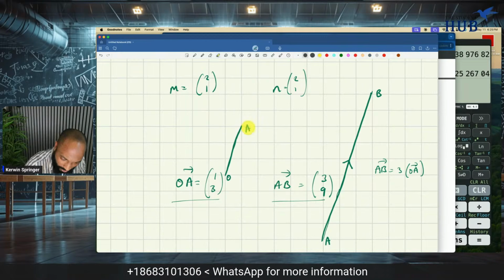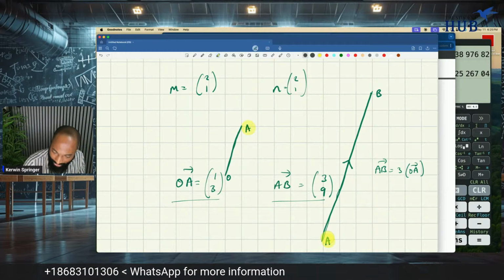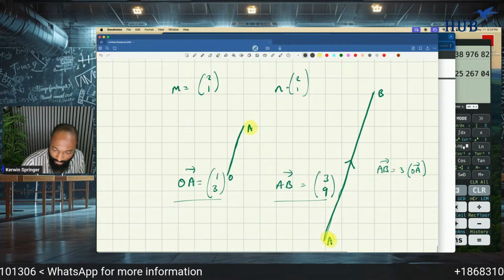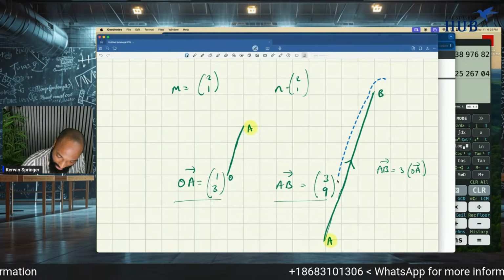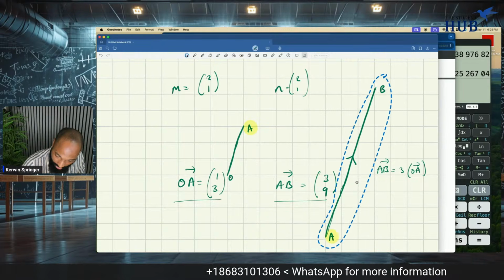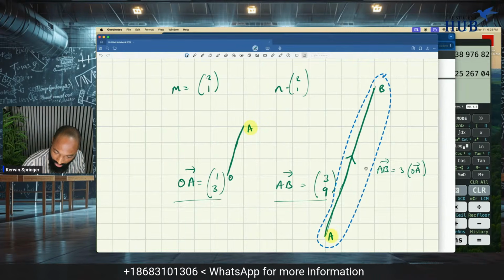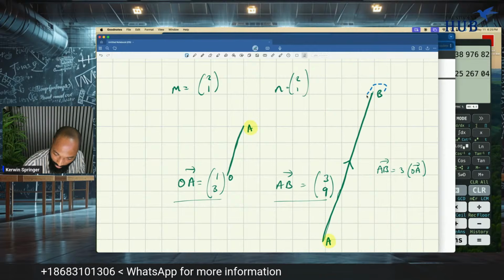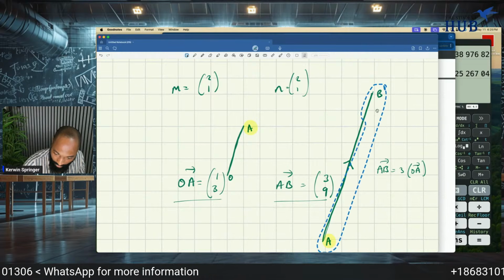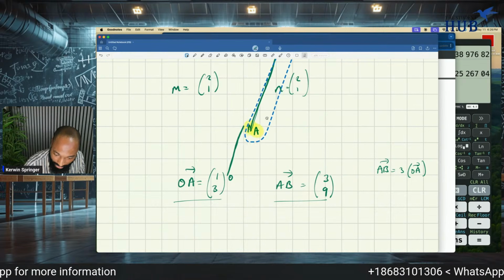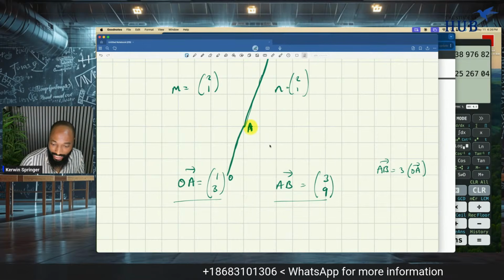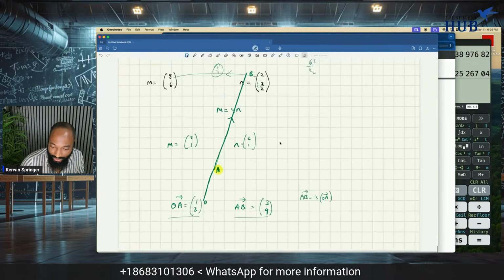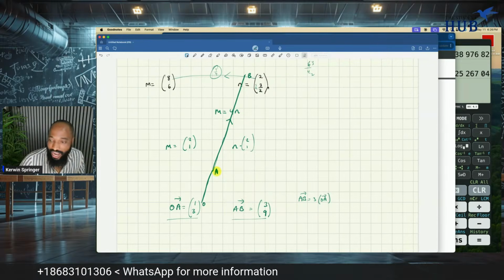This is A, this is A. You mean to say that these things can connect to each other? Yes, these things can connect to each other because both of them are A. Bang, that's where it really is. That means they lie on the same line and are parallel.